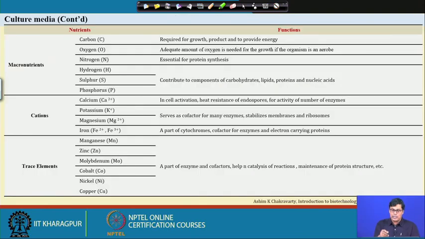Now I can give you the typical example. We have carbon, oxygen, nitrogen, hydrogen, sulfur, and phosphorus. The carbon is required for growth and product, and it provides energy, because carbon plays 3 different roles. One is for the growth of the organism, as I told you.